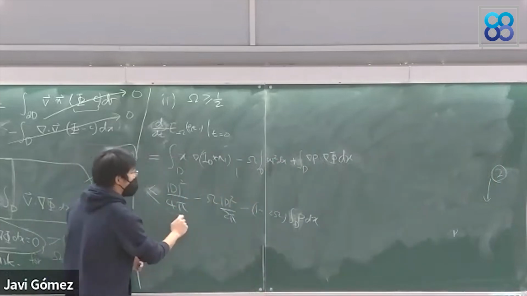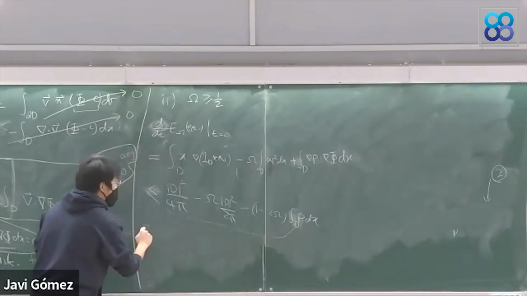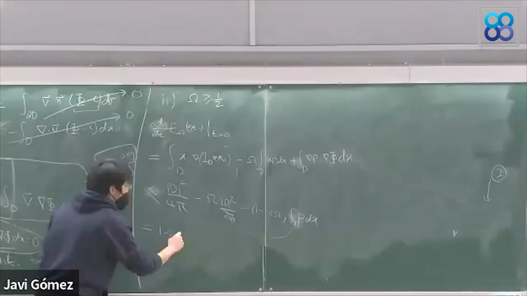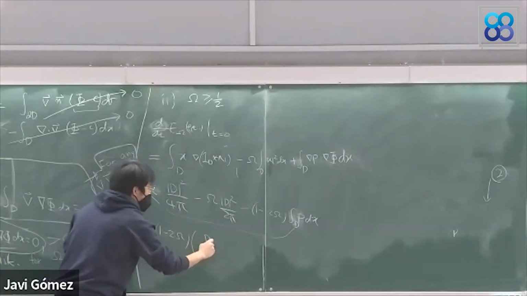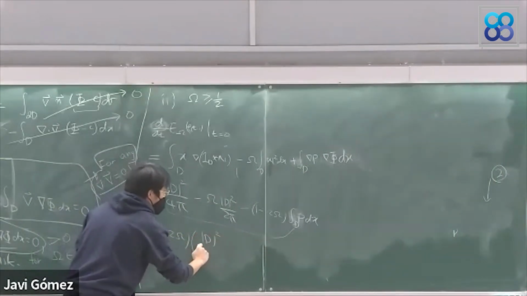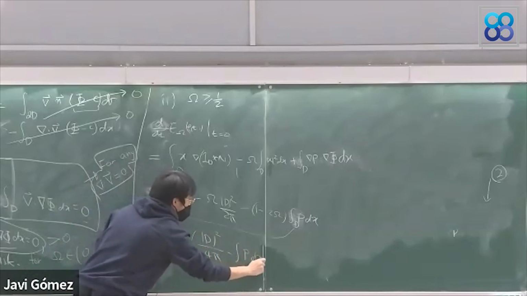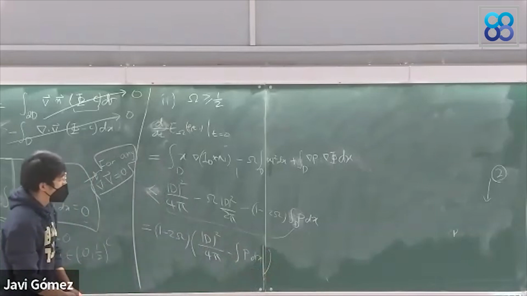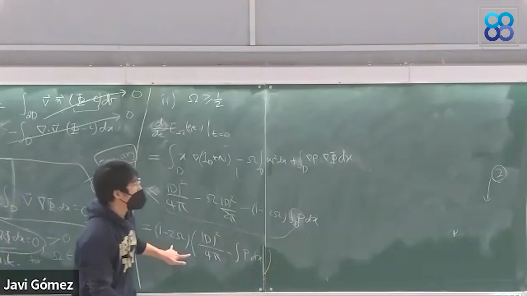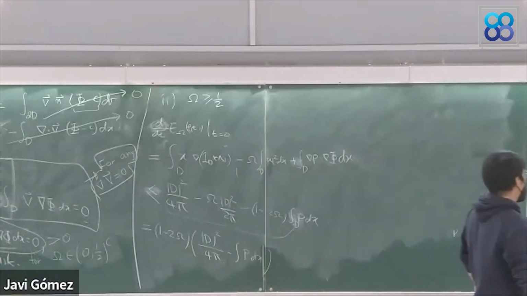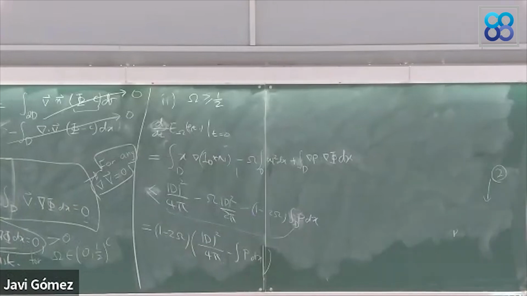Okay, so let me keep it from here. So that is still the same quantity as we saw. We have d squared over 4 pi minus integral p dS, right? So this is exactly the same quantity as we saw, but here we still have that this is always less than or equal to this one.